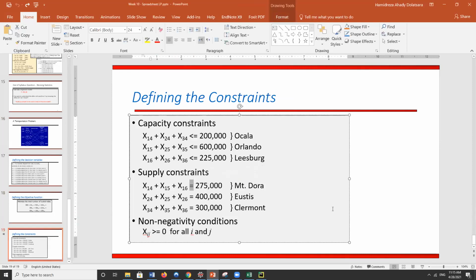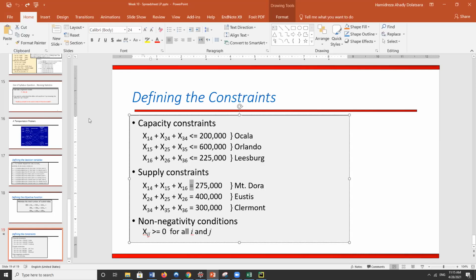Here we said equal sign. It just means for that supply point, which is Mount Dora, we just want to send everything out. We want to force Excel or any other software to make all the outgoing moves, the summation of all of the outgoing moves, equal to our capacity.